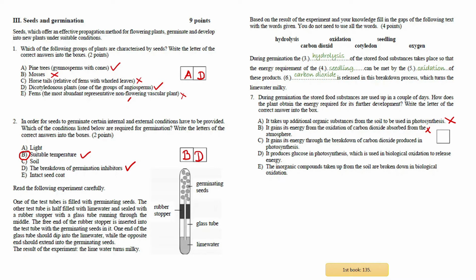C: It gains its energy through the breakdown of carbon dioxide produced in photosynthesis. We are using carbon dioxide in photosynthesis, and C is not a good answer. D: It produces glucose in photosynthesis, which is used in biological oxidation to release energy. This statement seems okay. The inorganic compounds taken up from the soil are broken down in biological oxidation, definitely not. So D will be written here.